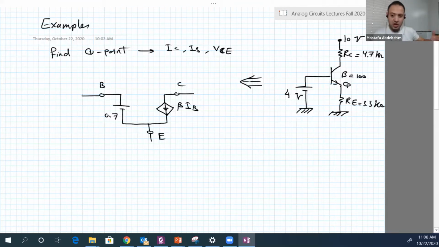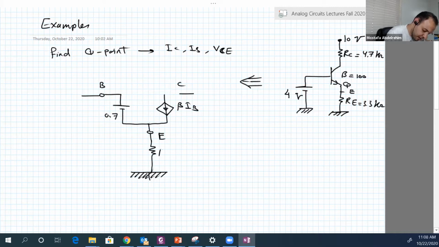Let's now continue with the other part of the circuit. This is the emitter. Between the emitter and the ground, there is RE, of course the same value, 3.3 kilo ohms.